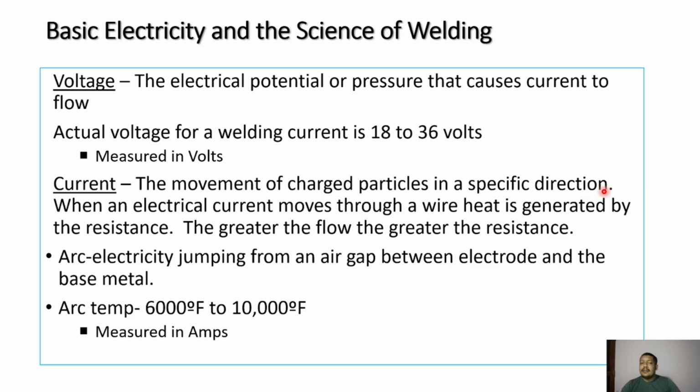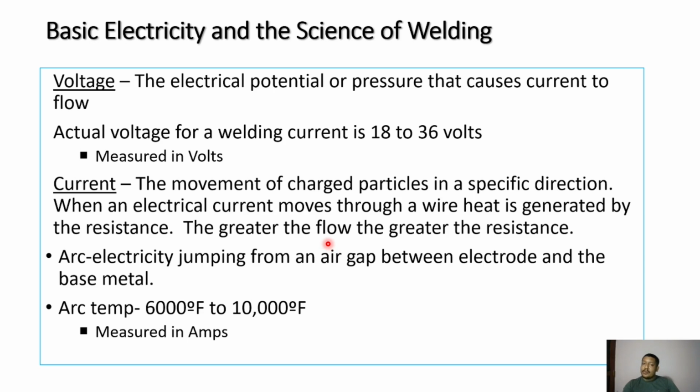When the charged particles are moving in a specific direction, the wire is heated, heat is generated by the resistance. Greater the flow of current, greater the resistance. As a result, more heat will be generated. As a result, the material will get melted and deposited into the joint.